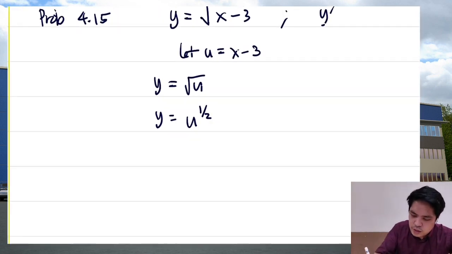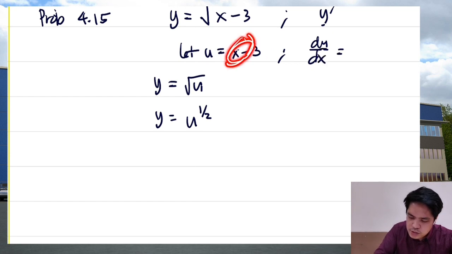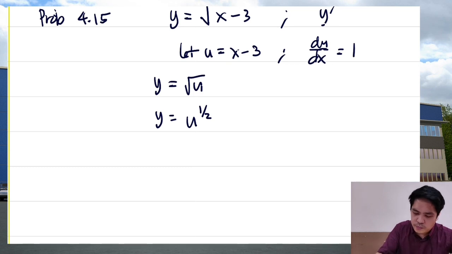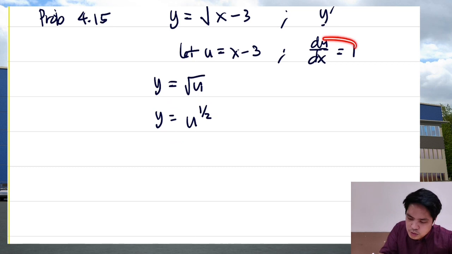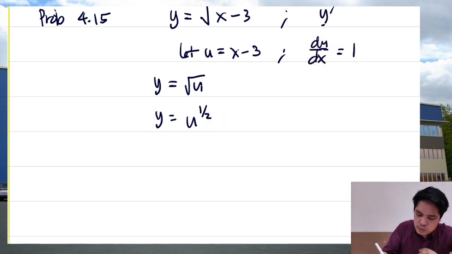Okay, and we know that the derivative of u with respect to x, what's the derivative of this? Or du over dx, that is just equal to the derivative of this, which is 1 plus 0, so that's equal to 1. Now if we take the derivative of the mother, because we already obtained the derivative of the baby, we just use a power rule.